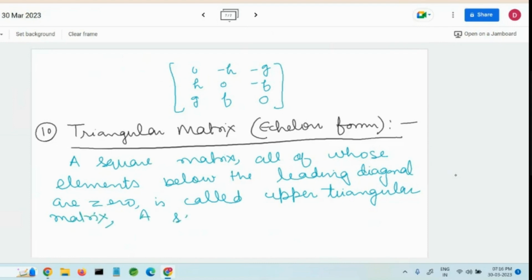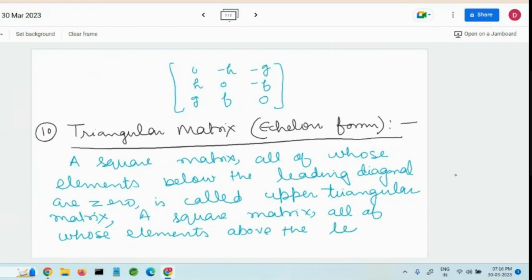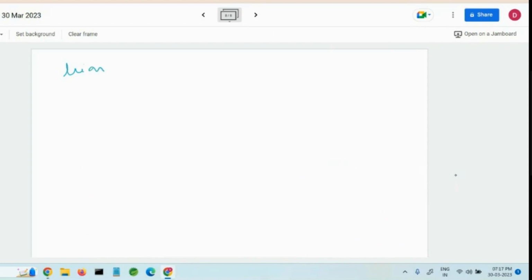A square matrix, all of whose elements above the leading diagonal are 0, is called a lower triangular matrix.